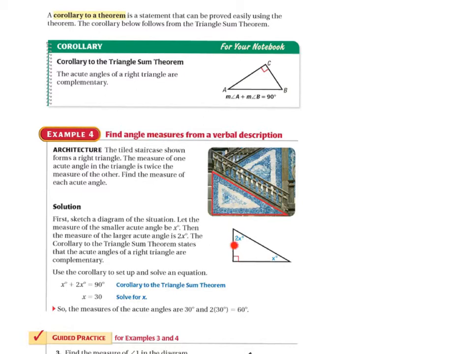To solve it, just sketch out your right triangle. We said one angle is twice the other, so we have 2x and we have x. We already know this is 90, so these are going to total up to 90. So we have x plus 2x equals 90 degrees. That gives us 3x equals 90, and then we can solve and get x equals 30. So the measure of the acute angles, this one is 30, this one is 60.